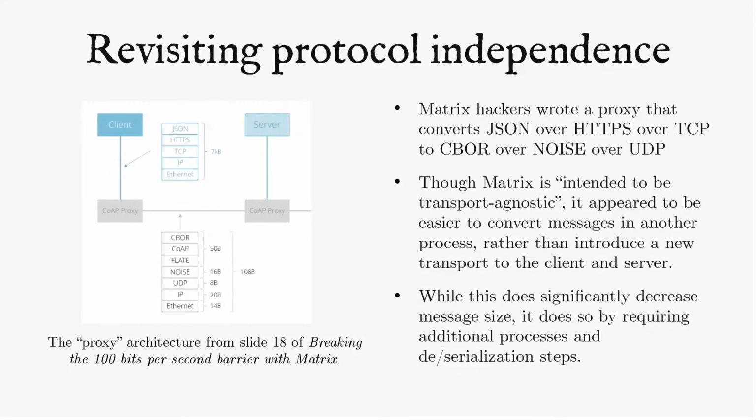For this, I'm going to look at a project that the Matrix developers did. Matrix is a not distributed, but decentralized messaging system, a bit like IRC or Discord in terms of features. The specifics of the system don't really matter, but we need to know that there is some kind of client-to-server protocol.